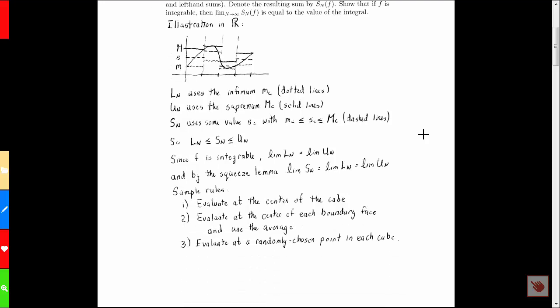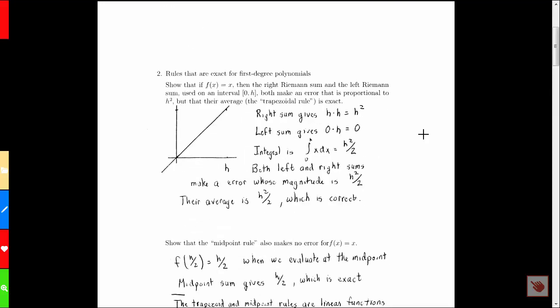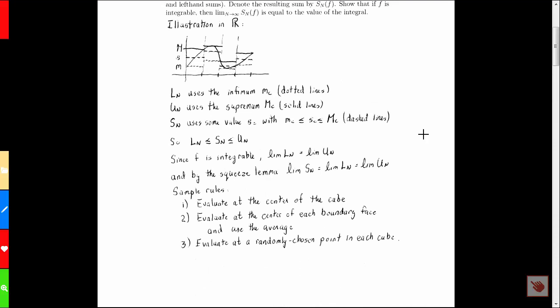I've tried to illustrate this in R. I'm using just 4 subdivisions. If I'm calculating the lower Riemann sum, I use the infimum in each subinterval, represented by a dotted line.